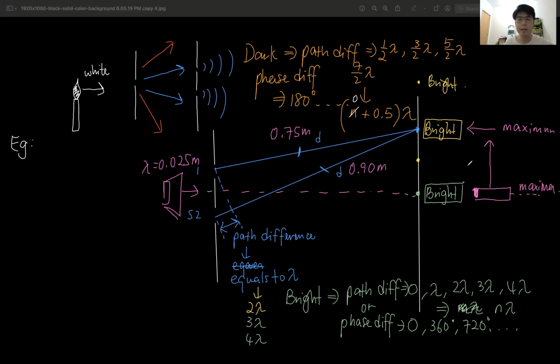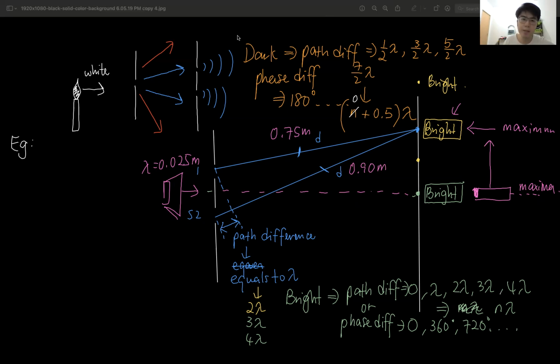Or they can ask, describe what is the reading of the detector as you sweep through this distance to the next bright fringe. Now this bright fringe, not necessarily it is the next one. It could be further down, right? It could be the 6, the 7, the 9. It's not stated here.